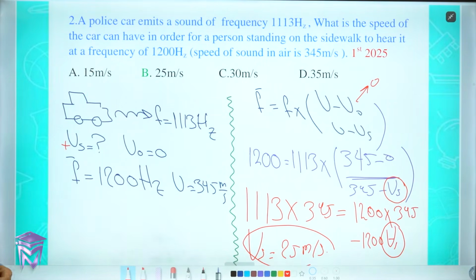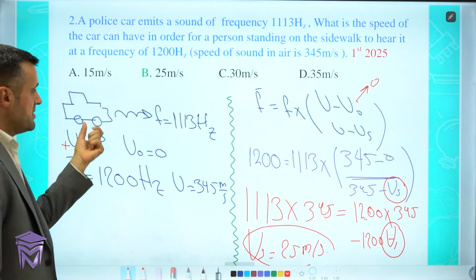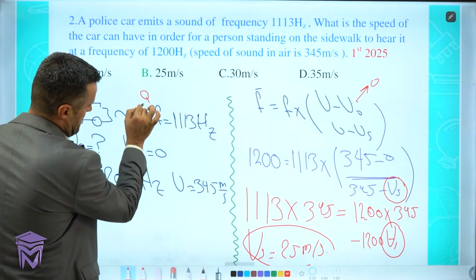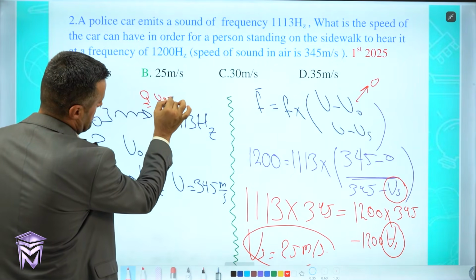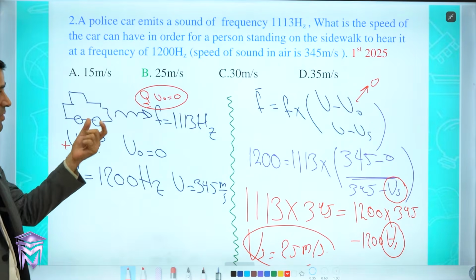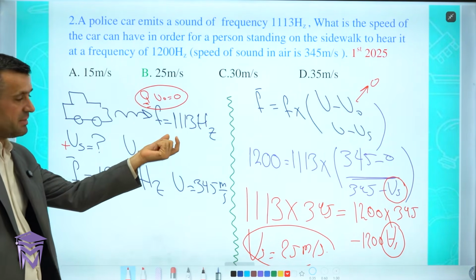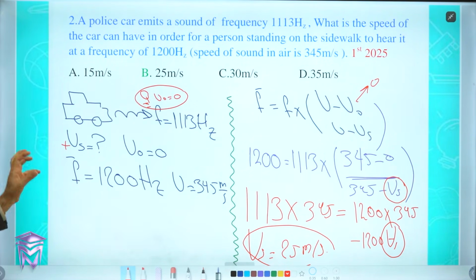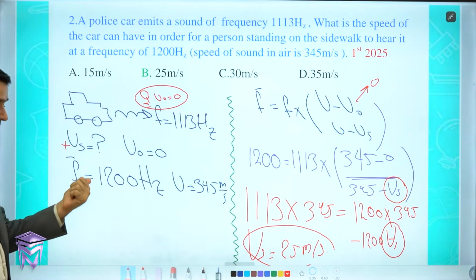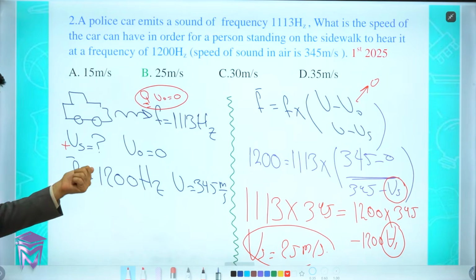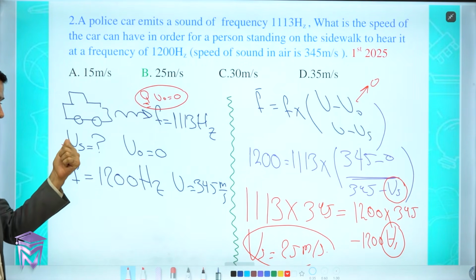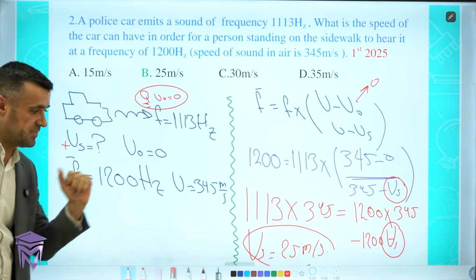Again for you, a police car is moving towards a stationary observer. V naught equals 0 because the observer is at rest. The frequency of the source is 1130 hertz, and the frequency heard by the observer is 1200 hertz. What is the speed of the police car when it moves toward the observer?